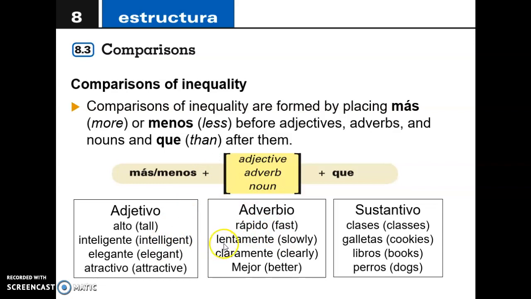My sister walks slower than my mom. Mi hermana camina más rápido que mi madre. Okay? Más rápido que mi madre. So that's another example that we can throw in there. My sister walks faster than my mom.